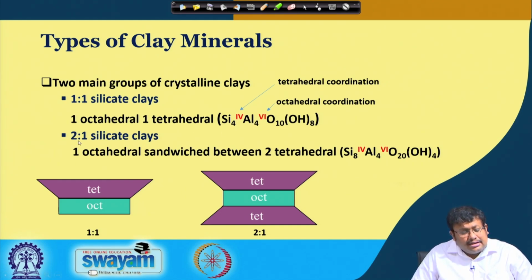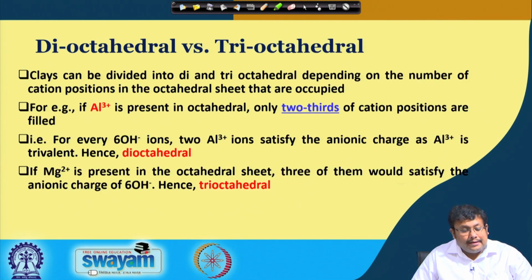And the 2:1 type of clay, where one octahedral sheet is sandwiched between two tetrahedral sheets, will get a formula like this, where the silica will show the tetrahedral coordination and aluminum will show the octahedral coordination. And this is basically the shorthand representation of the 1:1 and 2:1 types of mineral.